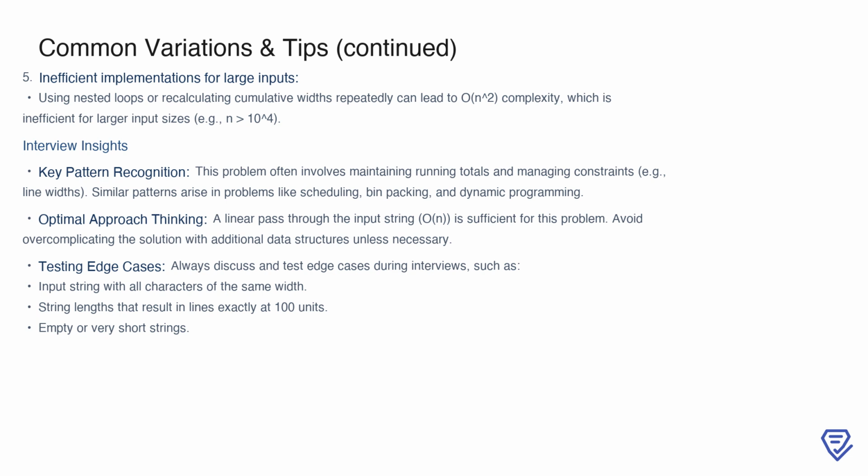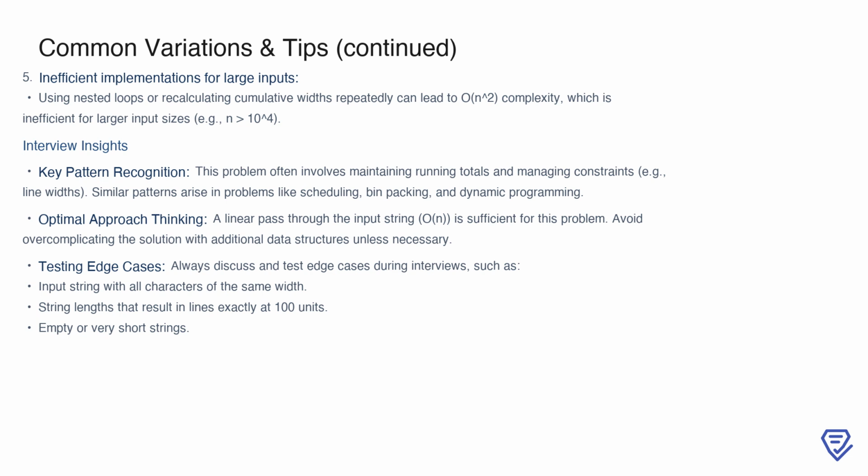Recognizing key patterns in this problem is also valuable for interviews. It involves maintaining running totals and managing constraints, similar to scheduling or bin packing problems. Dynamic programming can also involve related principles. When optimizing, avoid introducing unnecessary complexity, such as extra data structures, unless explicitly required.